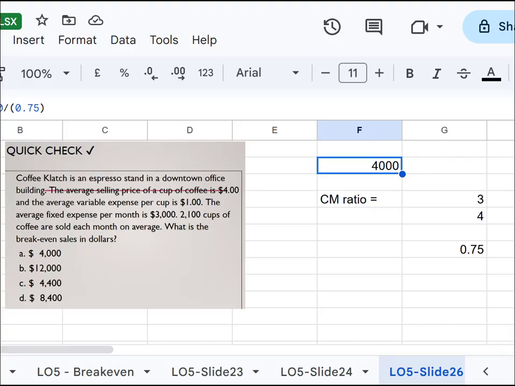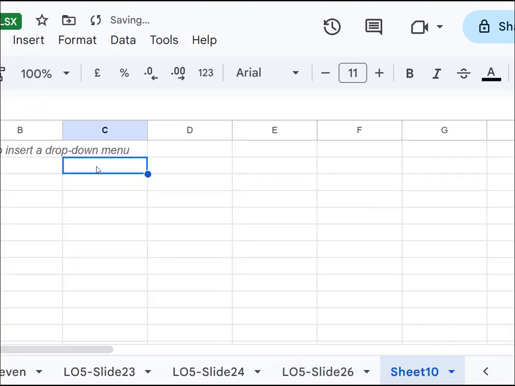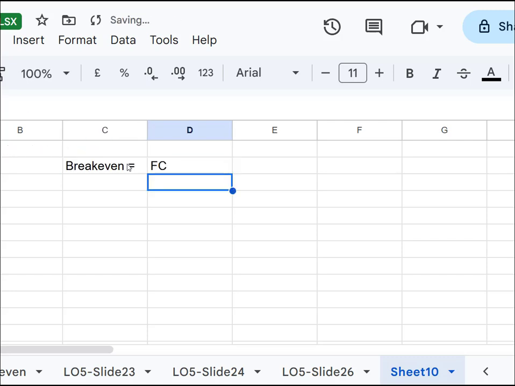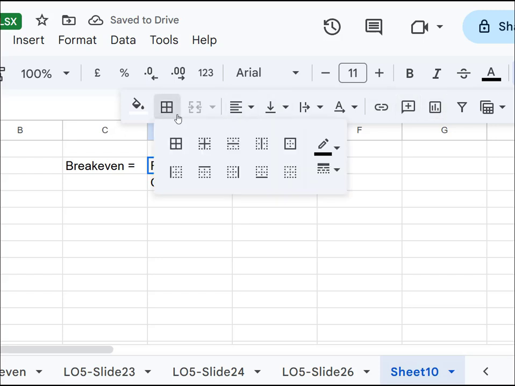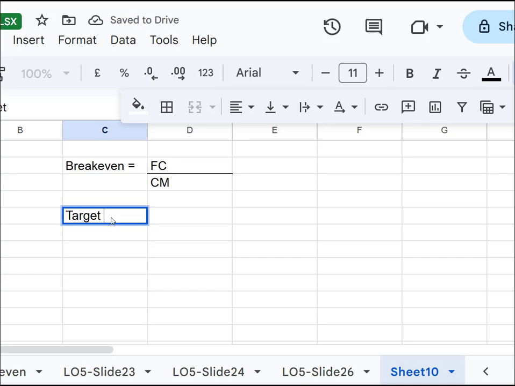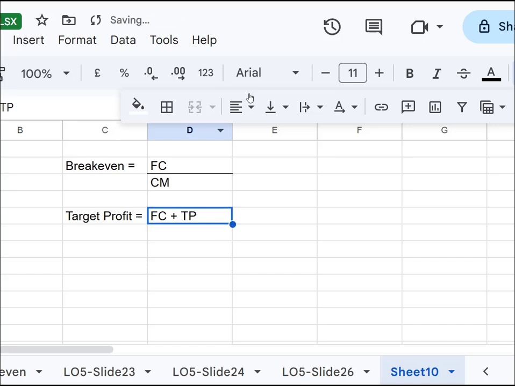If I look at a new slide here, where break even was equal to fixed costs divided by contribution margin, then our target profit simply adds whatever we need to the numerator, target profit divided by the same contribution margin.